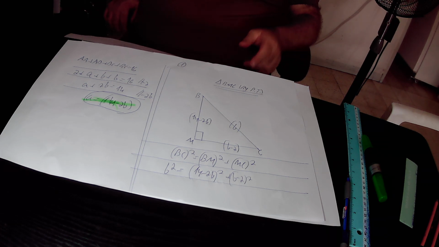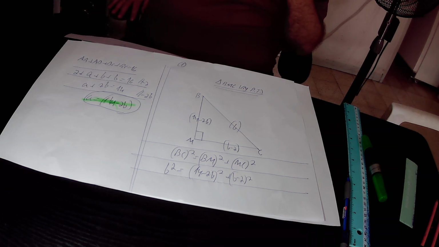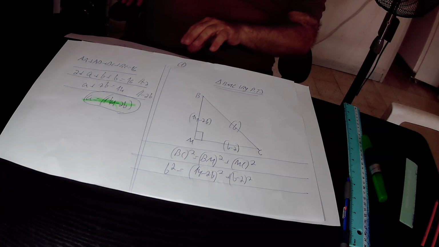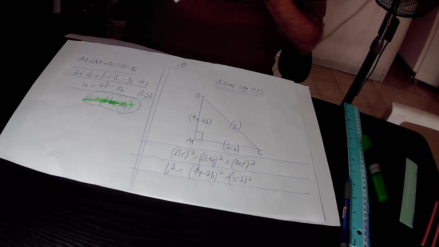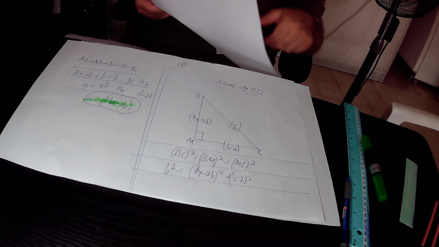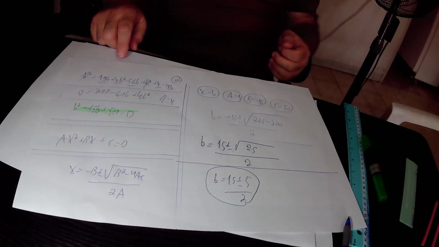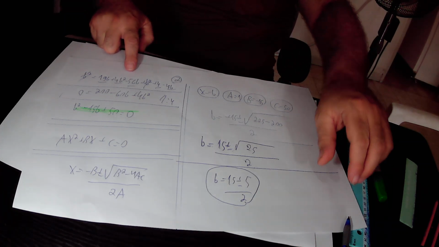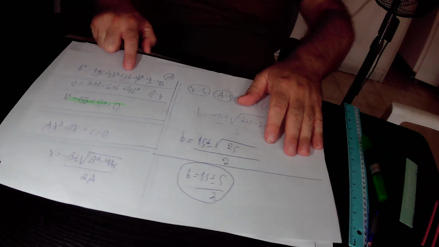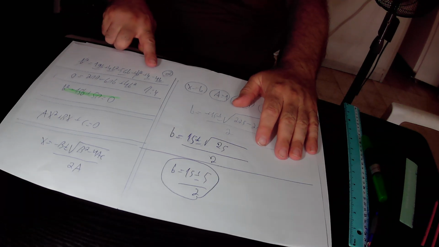And we have also plus (b minus 2) squared. (b minus 2) squared equals b squared plus 2 squared, that is 4, minus 2 times b times 2, that is minus 4b. So in total, b squared equals 196 plus 4b squared minus 56b plus b squared plus 4 minus 4b.